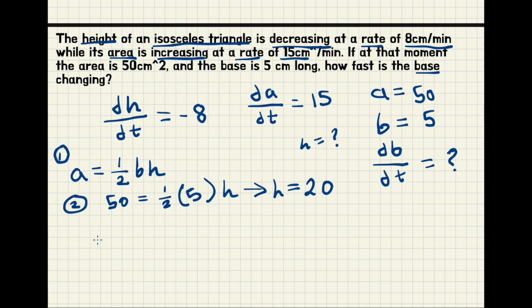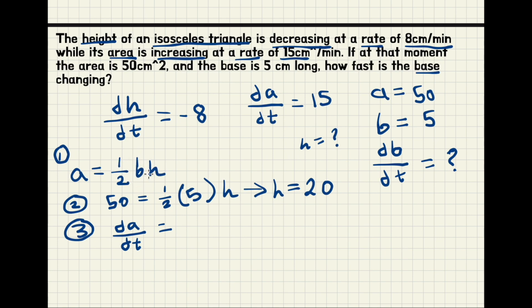And so if H is 20, we can move on to our third step, which is differentiating both sides with respect to time. So dA over dt is equal to, here we need to use the product rule.